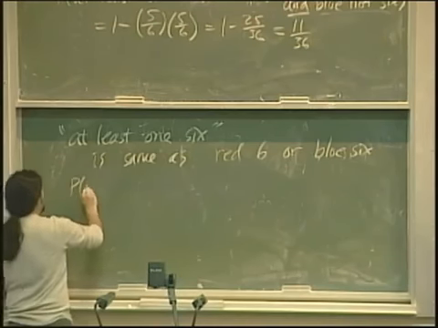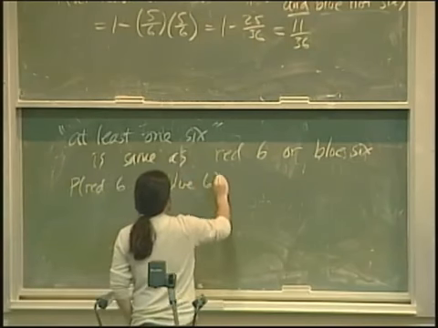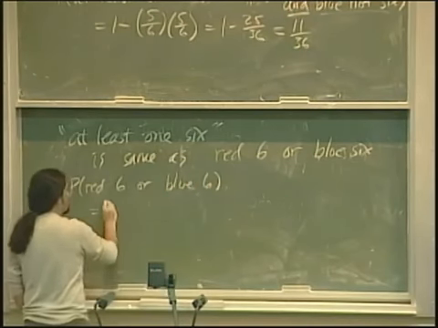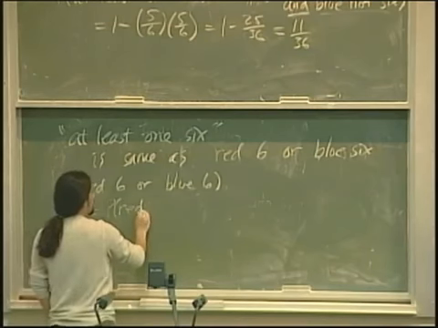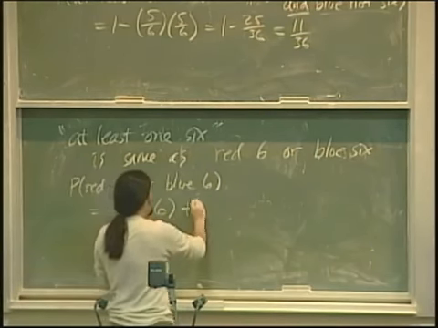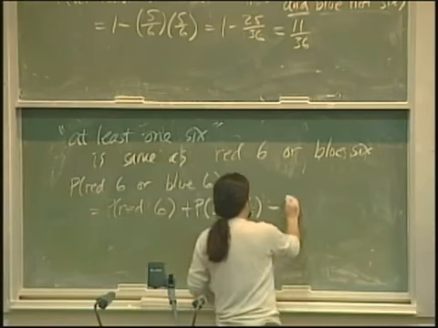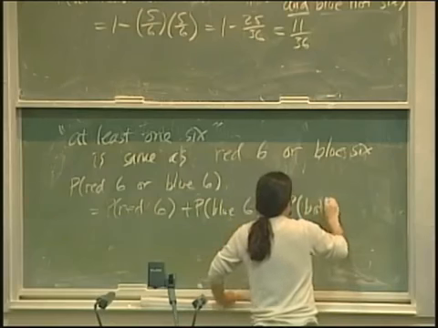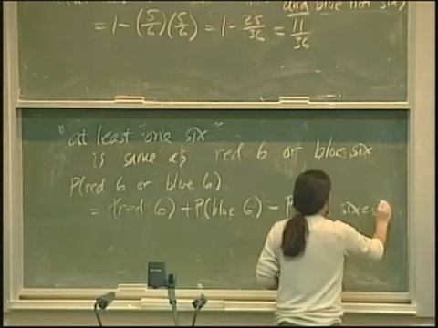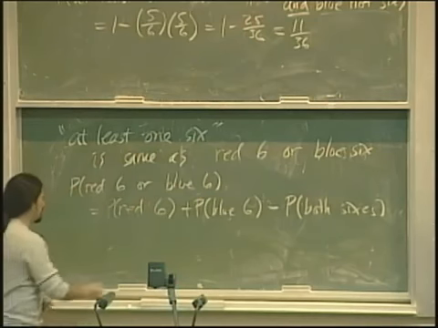So the probability of red 6 or blue 6 is, just plugging into the addition rule, the probability of the first event plus the probability of the other event, blue 6, minus the probability of both. Both 6s means the red one's a 6 and the blue one's a 6.